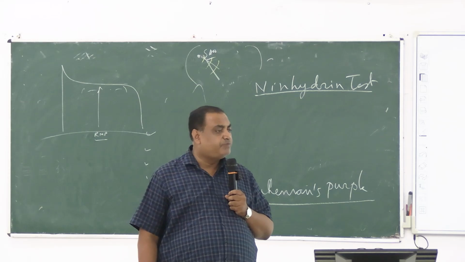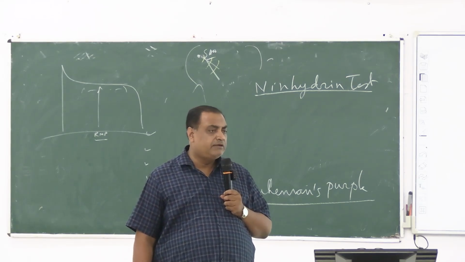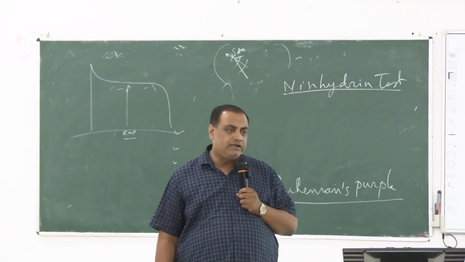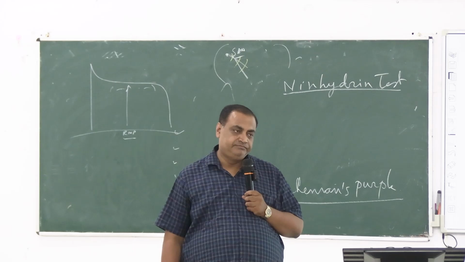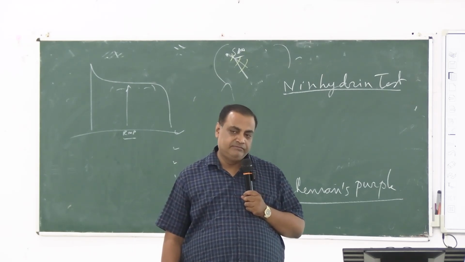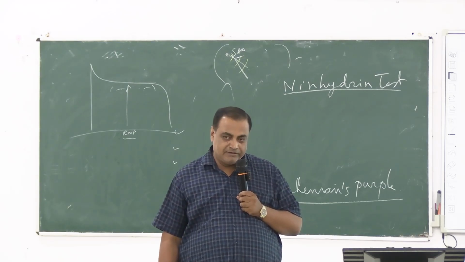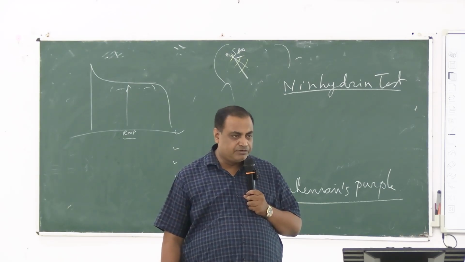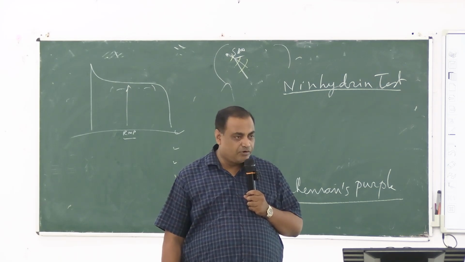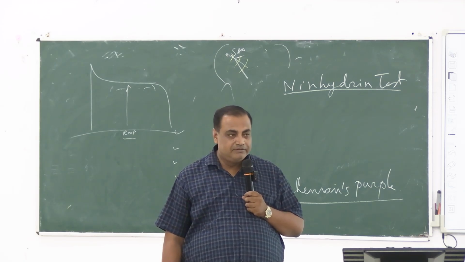If the color changes to purple, then it contains any of the 19 amino acids except proline. Proline does not give this reaction; it gives a slightly different reaction and produces a different color. All other amino acids produce purple, whereas proline provides yellow color.